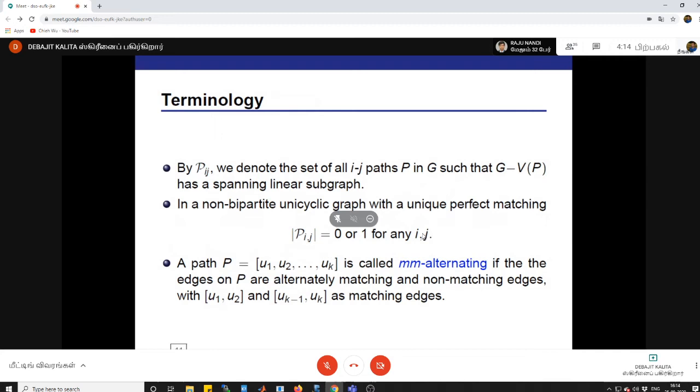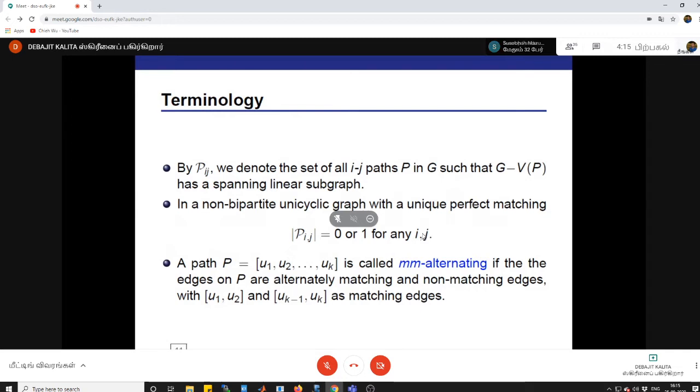For any two vertices i and j, Pij means this. In the case of a non-bipartite unicyclic graph with a unique perfect matching, Pij can contain at most one such path for any i and j. We have seen that.